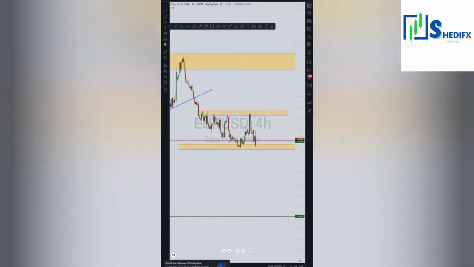I also love GBP/CAD. Meanwhile, for the sake of this top-down analysis, I'll be deleting all these things here so that we can have a clear chart.